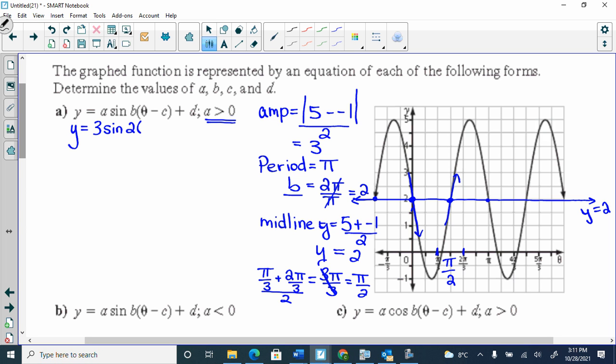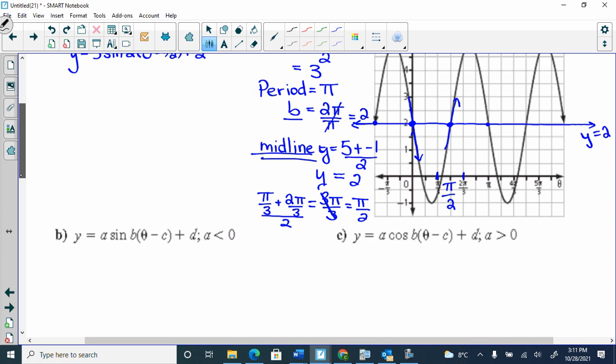To the right. What's my D at? Your D is your midline. What's my D at? 2. What equation would I pick if I had a choice? What's on my y-axis? Negative sine. Look, my negative sine intersection is on my y-axis, isn't it?